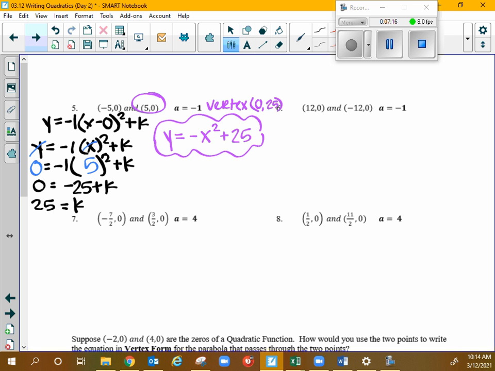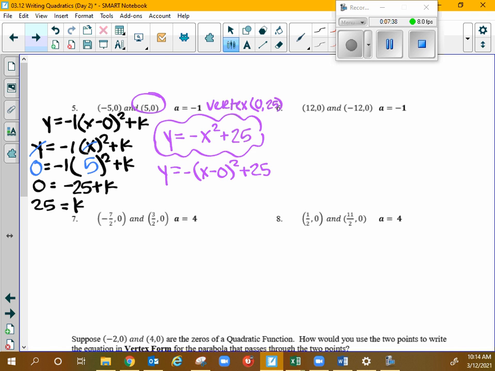If you gave me an answer that looked like this with the minus 0, you would lose no points. That's right. You're good. This is correct, but you just don't need to put minus 0.